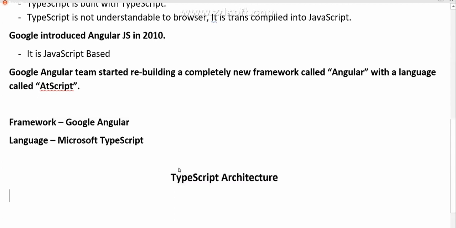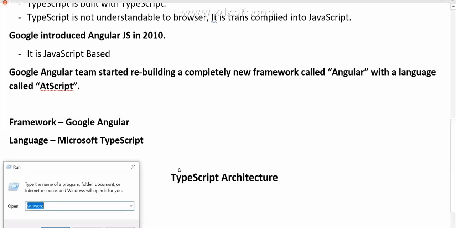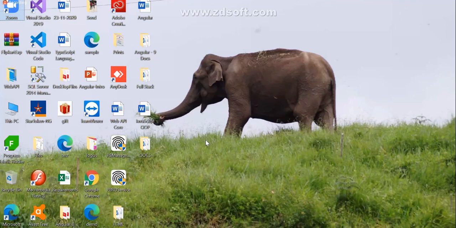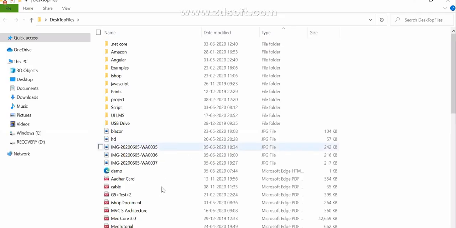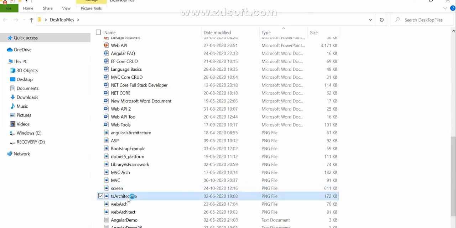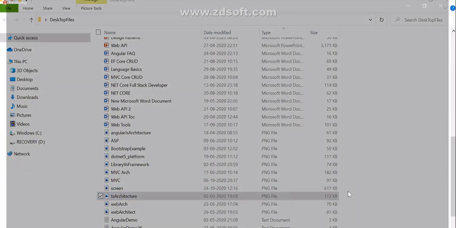Actually, entire TypeScript is built with TypeScript. So this is the basic architecture of TypeScript. Let's see the TypeScript architecture.